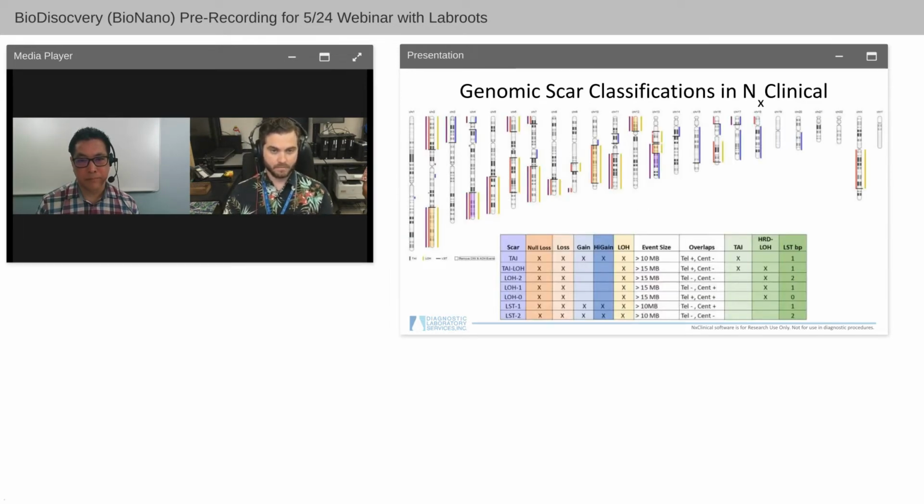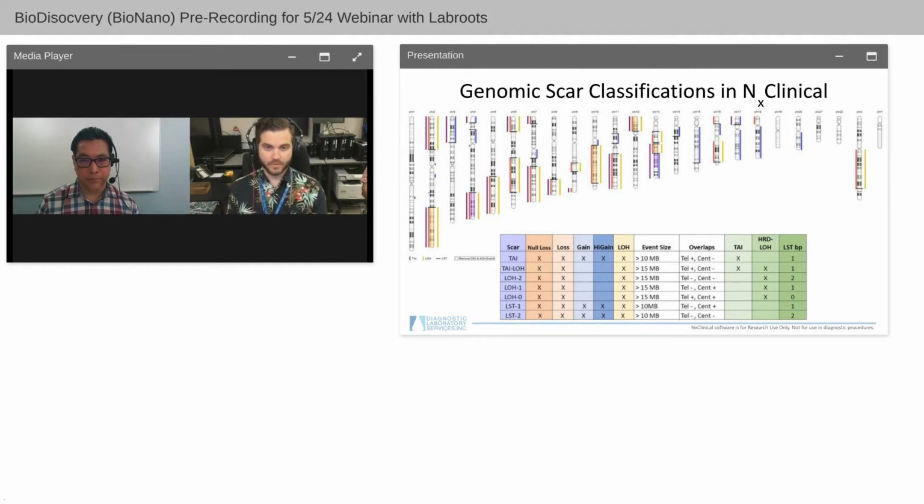So here is a tumor sample presented to you, one of ours. In the software, most do this, and they show you an ideogram of the genome.